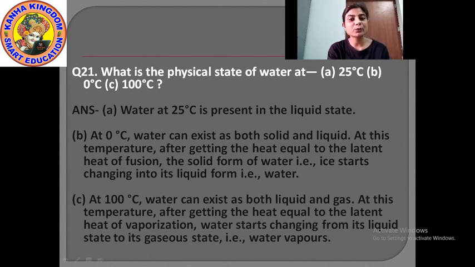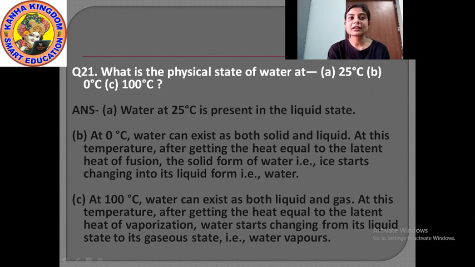I already told you 25 degrees Celsius is the room temperature, and at room temperature water is always in the liquid state. Yes or no? That means at the room temperature, 25 degrees Celsius, you will find water in the liquid state.